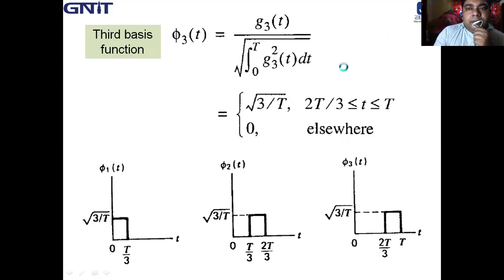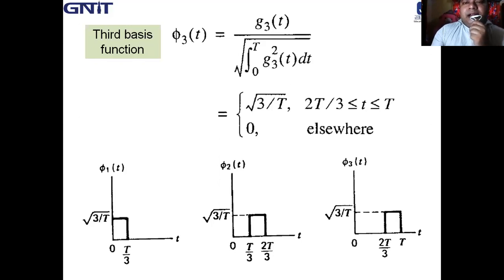Now remember that there are 4 signals present: S1(t), S2(t), S3(t) and S4(t). Then how many basis functions are present? Is there any possible chance for the existence of a fourth basis function, that is phi 4(t)?